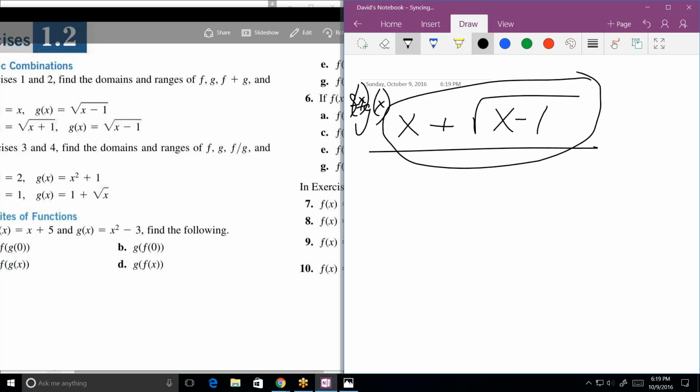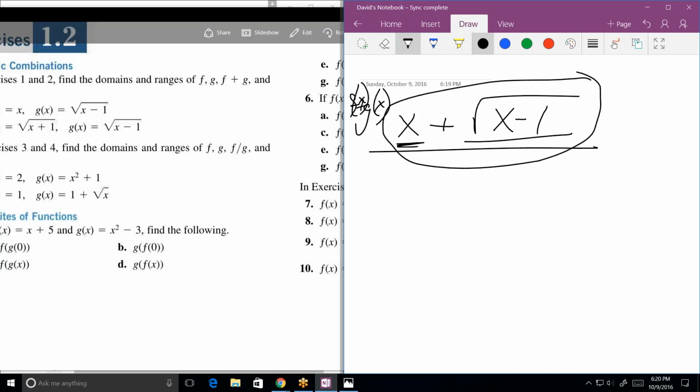x either has to be 0 or greater than 0. Can x be 0? No, because then it wouldn't be a neutral number. Why? In other words, there was no domain restriction from that part. But there was a domain restriction from that part of it.